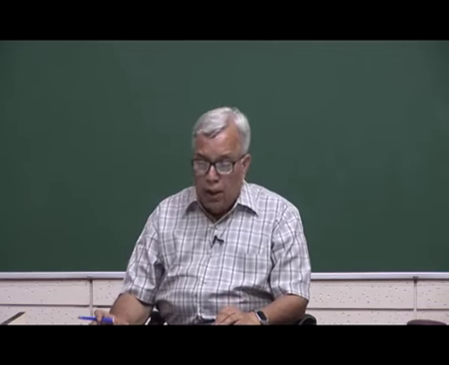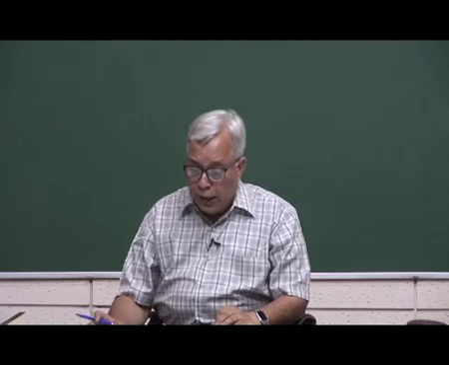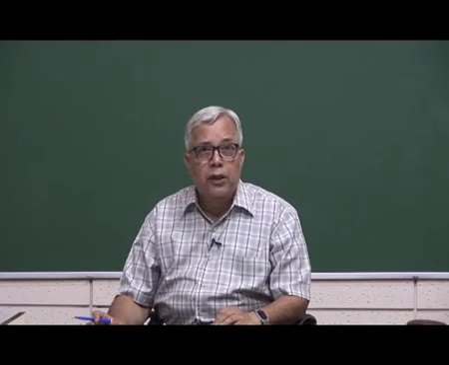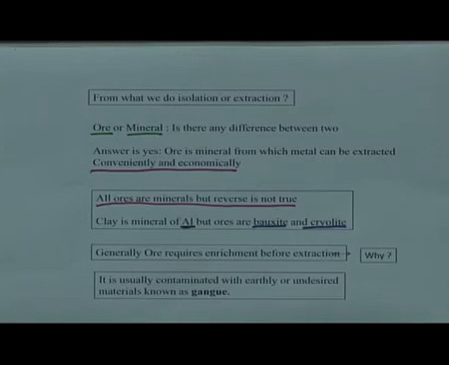Generally, an ore requires enrichment before extraction. Why? From the earth crust, when a substance is mined, it is not the ore alone. There are many other things with the ore. Mud is there, clay is there, maybe moisture.